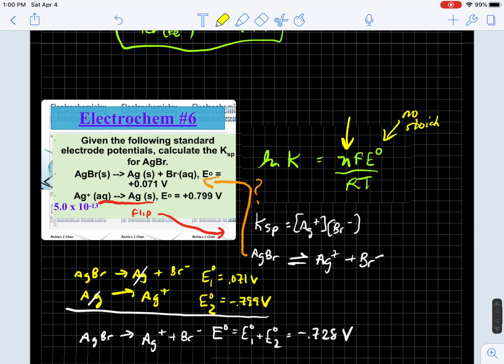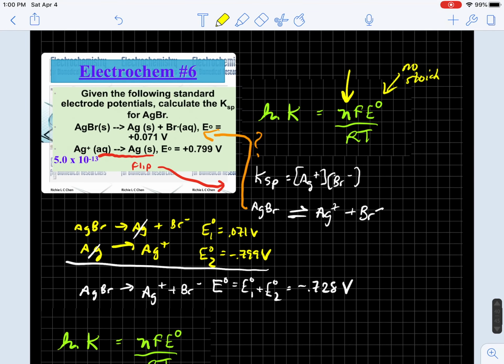Problem number 6. Remember I said that voltage is not stoichiometric, so the stoichiometry comes in this particular problem, or this formula, where they're saying, all right, we want KSP. So we know we have to use the natural log of K is NFE over RT.